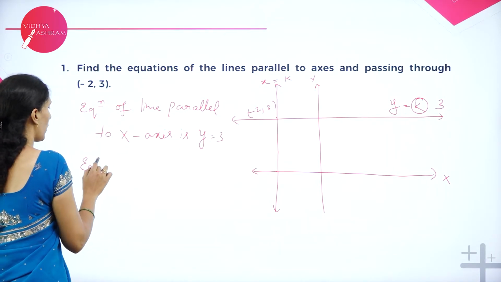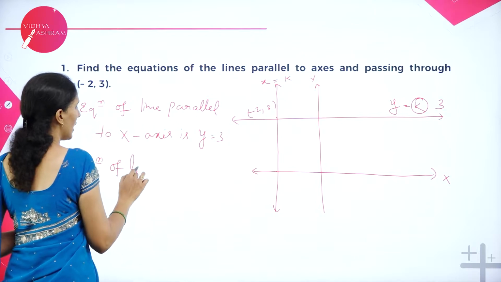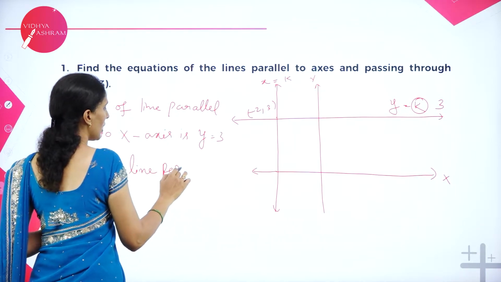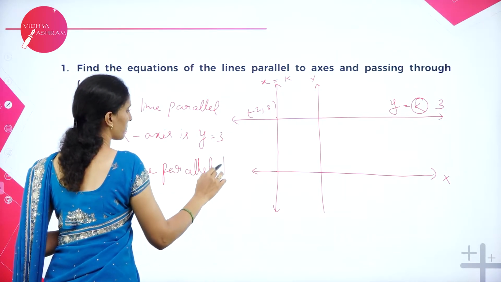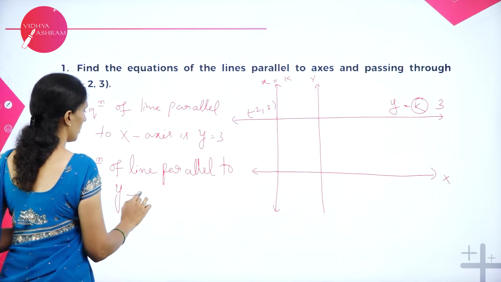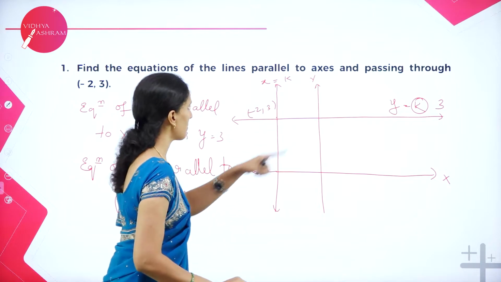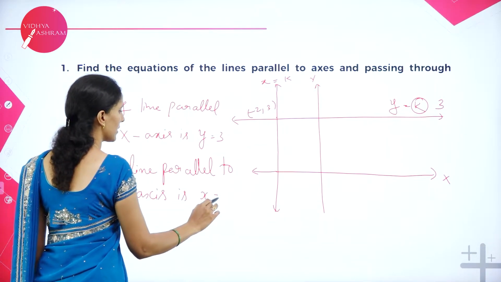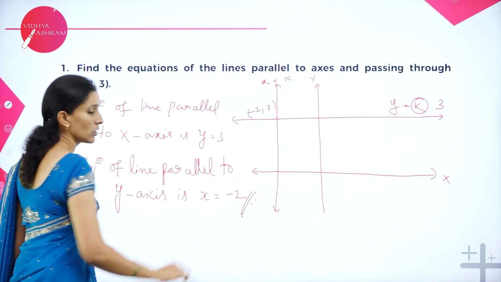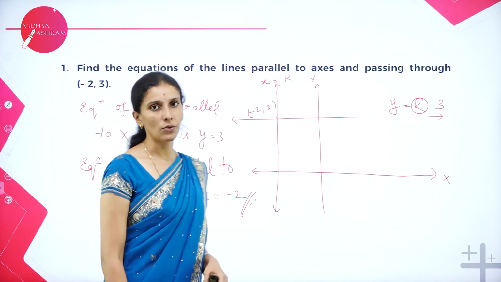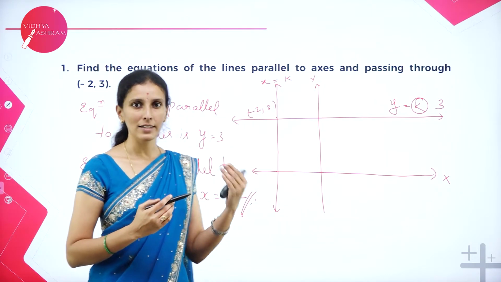Similarly, equation of line parallel to y-axis is, so what is the distance? It is minus 2. Therefore, x is equal to minus 2. So these are the equations of these two lines which are parallel to x as well as y-axis.